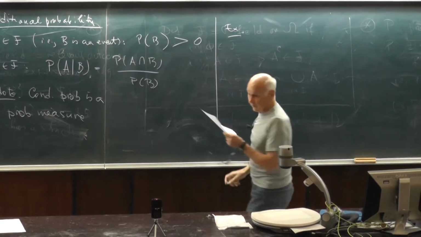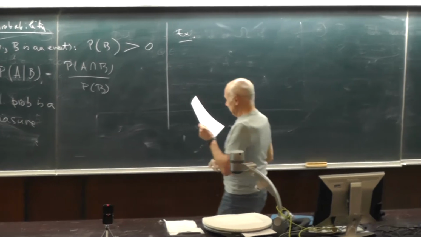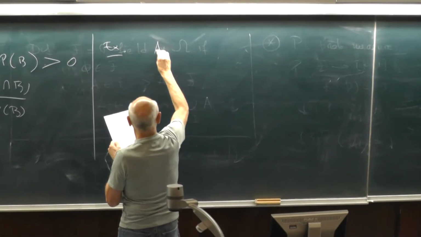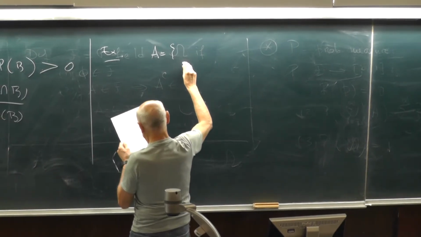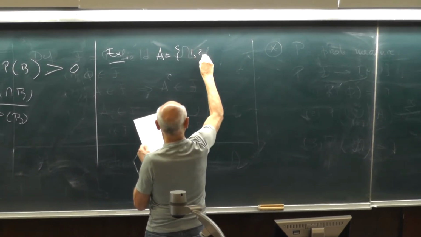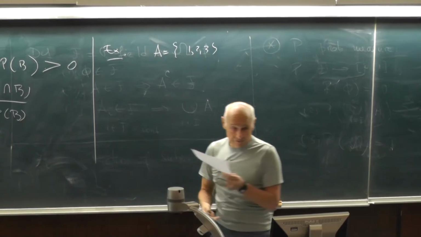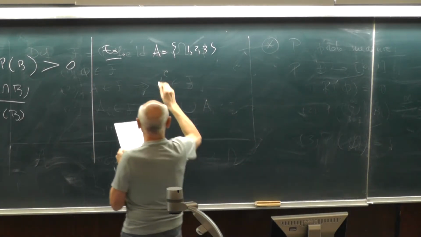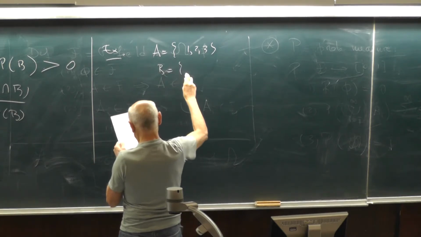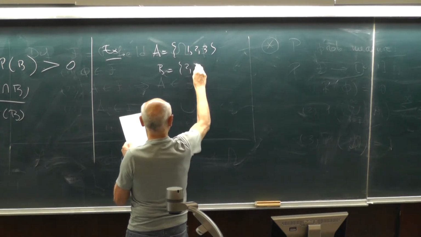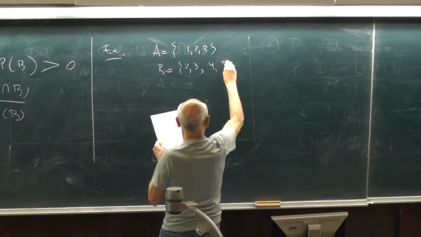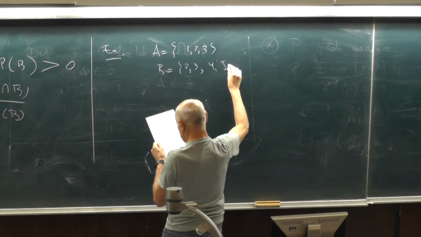Again, the experiment of rolling a die, and consider the following events. A is 1, 2, 3; that is, the outcome of the experiment is 1, 2, or 3. B is 2, 3, 4, and 5.